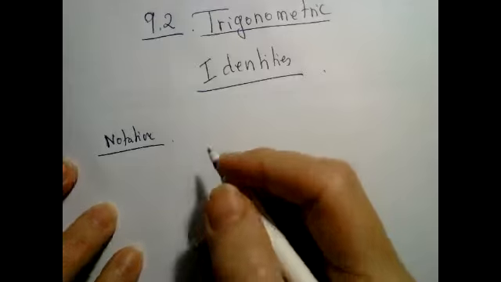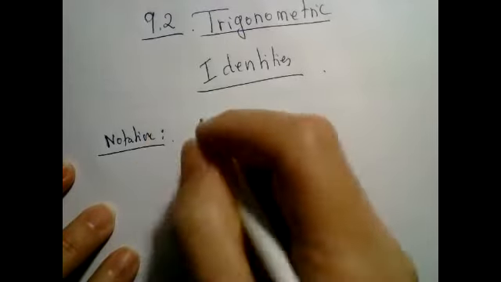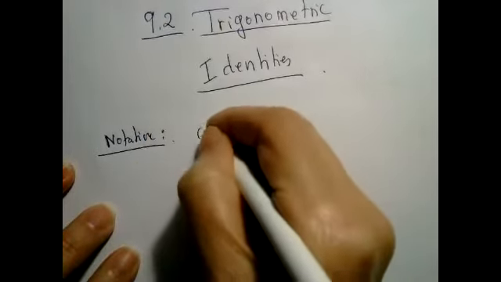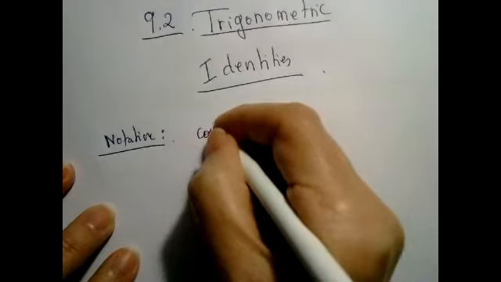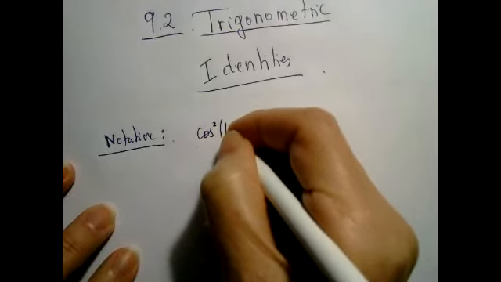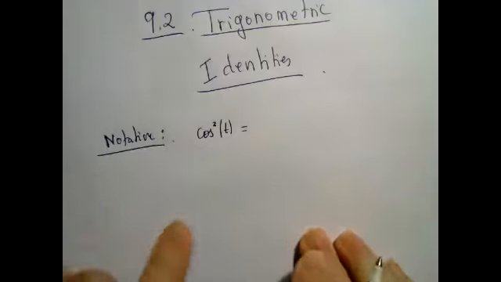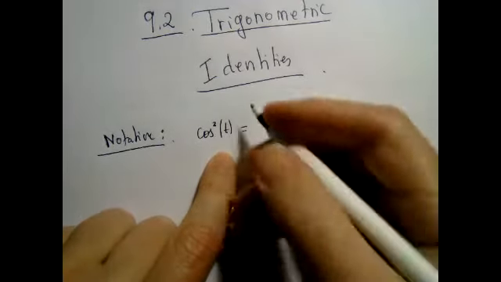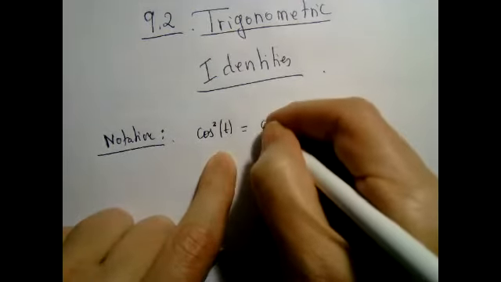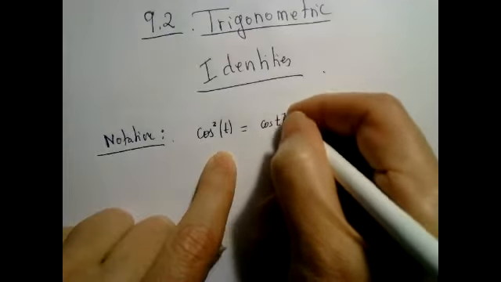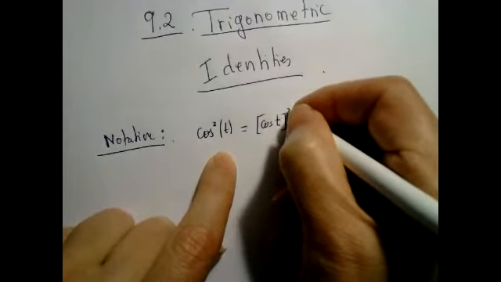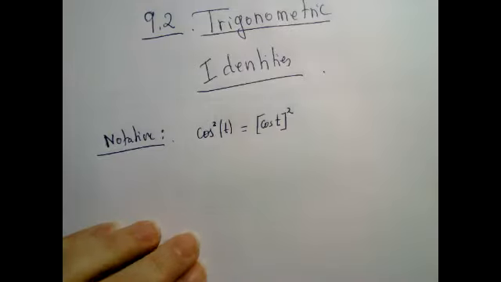Okay, that's a notation. There is this notation in math that I know I talked about, but I want to make sure it's fairly clear. Cosine square t means the cosine of t to the power 2. So it's crucial to understand this notation.